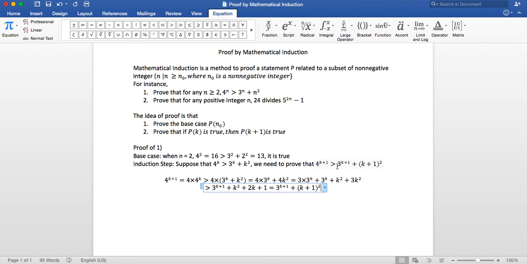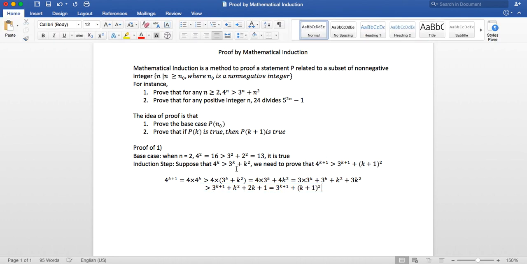Now, this is exactly what we want to prove: 4 to the k plus 1 power is greater than 3 to the k plus 1 plus k plus 1 squared. So equivalently, we finish the induction step, which is, suppose the statement is true for k, then the statement will be true for k plus 1 for sure. So after this step, we finish the proof of statement 1 by the mathematical induction method.